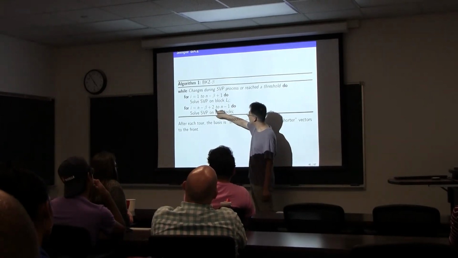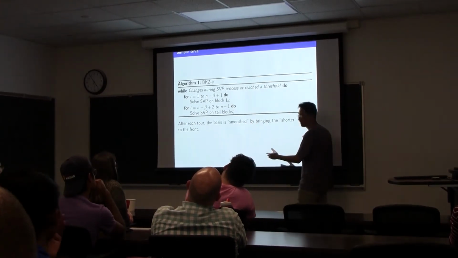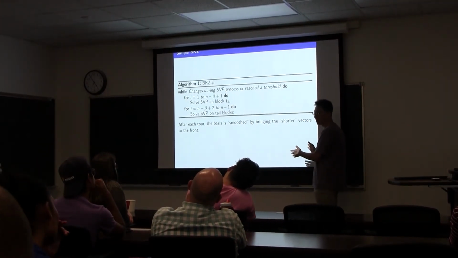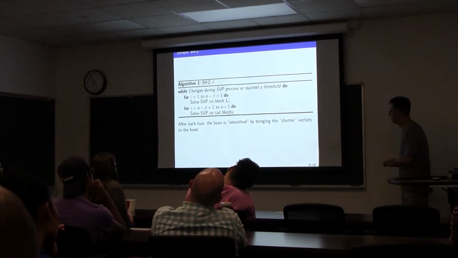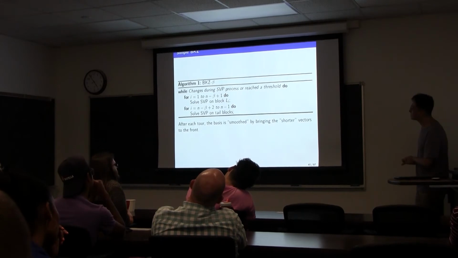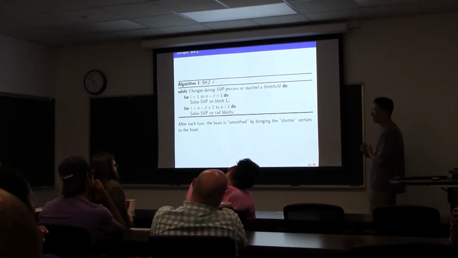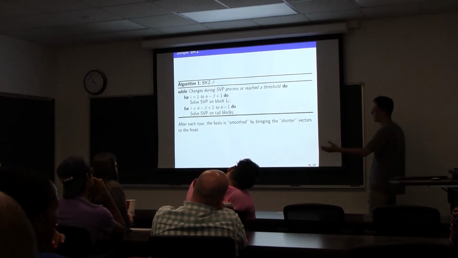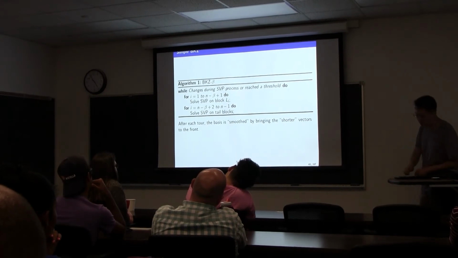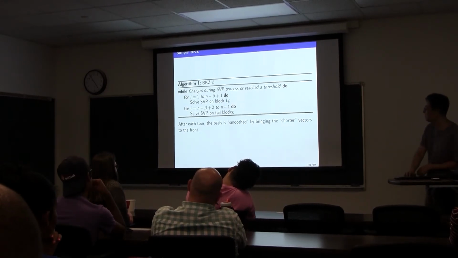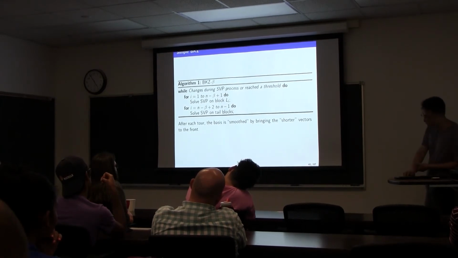For the tail part of the lattice, because we don't have enough beta entries, we will just solve however much we can. So that's how the algorithm works. At each step, we are finding a shortest vector in dimension beta in a much bigger dimension n lattice. But this helps us to essentially smooth out the lattice by bringing these shorter vectors to the front.